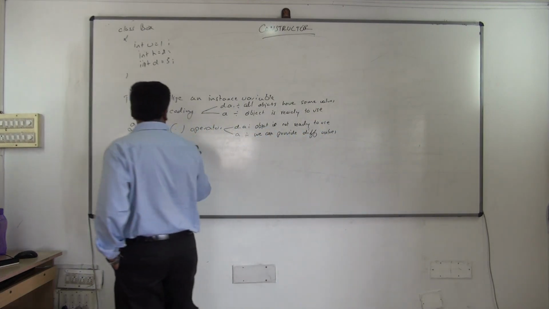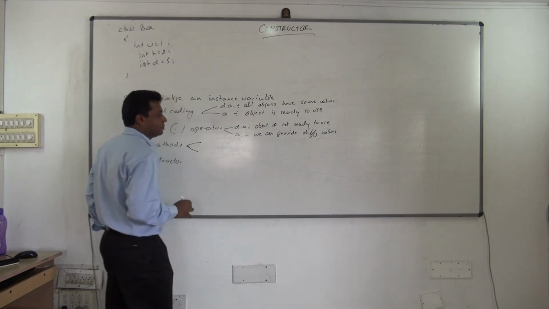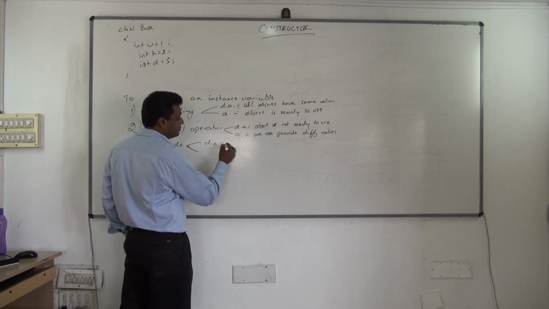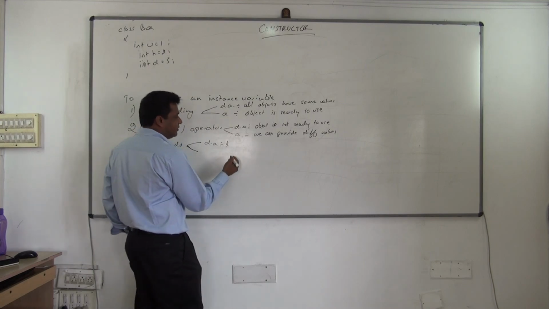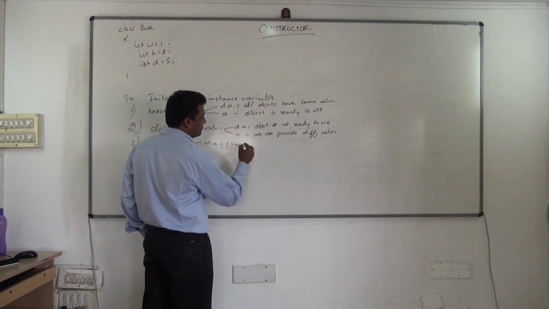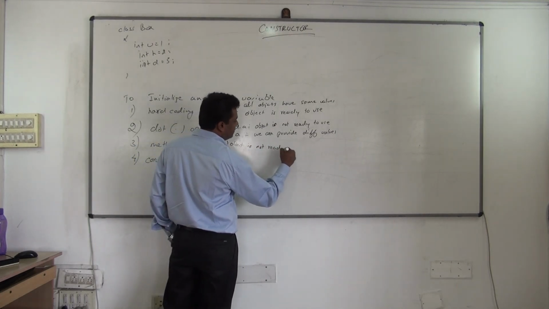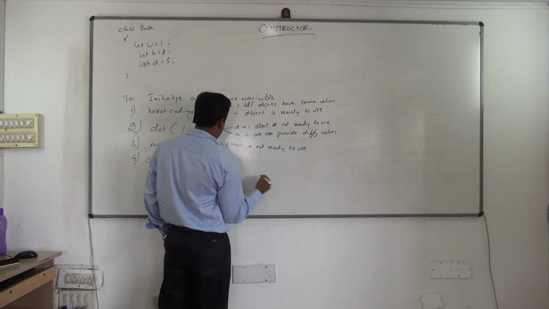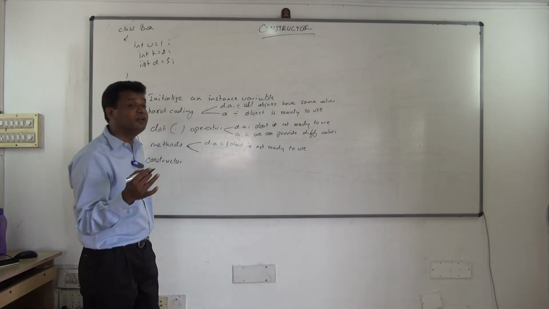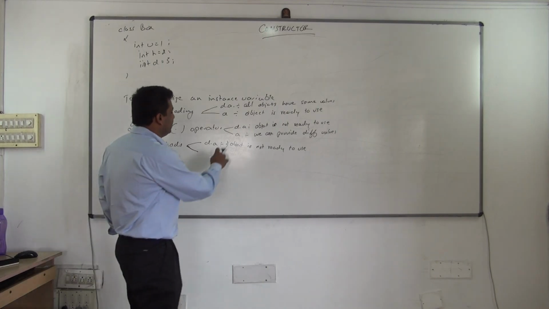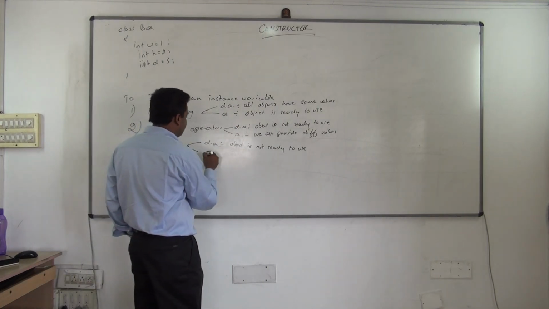Methods. What is the disadvantage? There are two. The object is not ready to use. One more: if you call the method with different values, what will happen? The values will be overwritten. And not only here, in all these cases, I'll write it in a second.